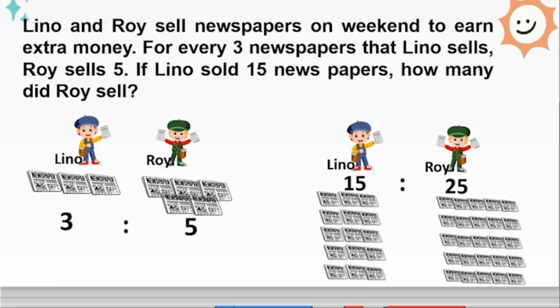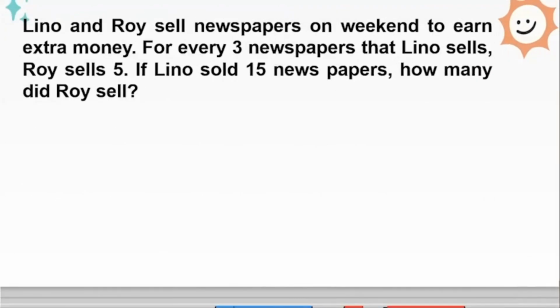So, paano ba i-set up ito sa proportion? To set up this in proportion, ang una nating gagawin, we can use the fraction form or column form. So at first, Lino to Roy. So observe nyo yung sequence ng quantity.